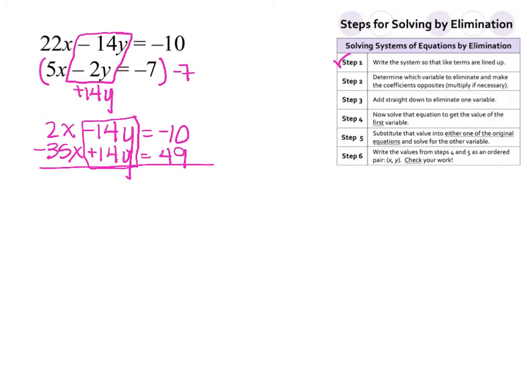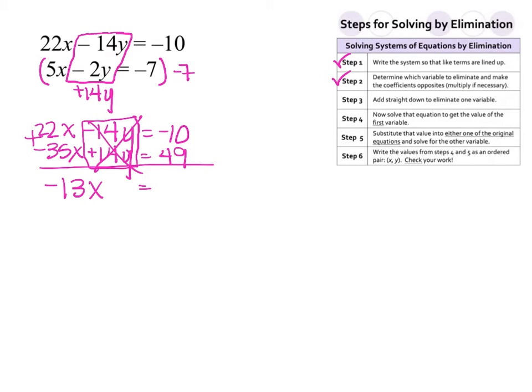If you multiply and you get things where they are not opposites, that's okay. You just multiplied by the wrong number. Erase it and try again. It's not a big deal. My y's eliminate. If I add down 2 plus negative 35, 22, I almost missed a 2 too, goodness, is negative 13x.